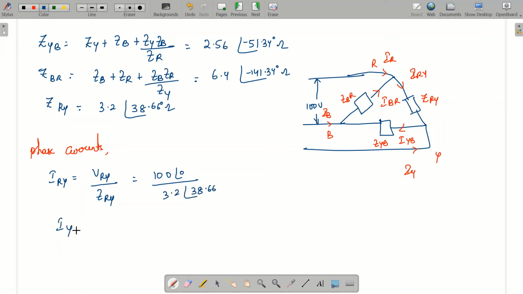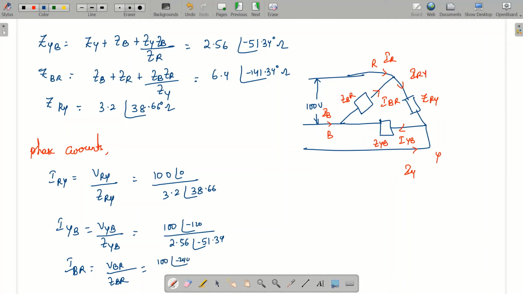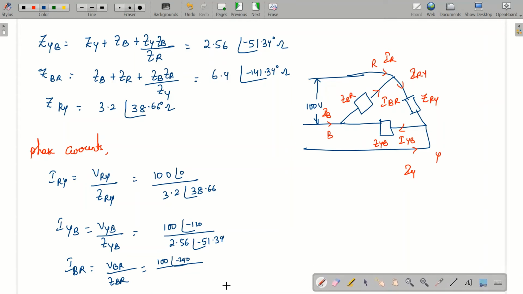IYB equals VYB divided by ZYB, which is 100 at an angle of minus 120 divided by the impedance ZYB, 2.56 at an angle of 51.34. IBR equals VBR divided by ZBR, which is 100 at an angle of minus 240 divided by 6.4 at an angle of minus 141.34.